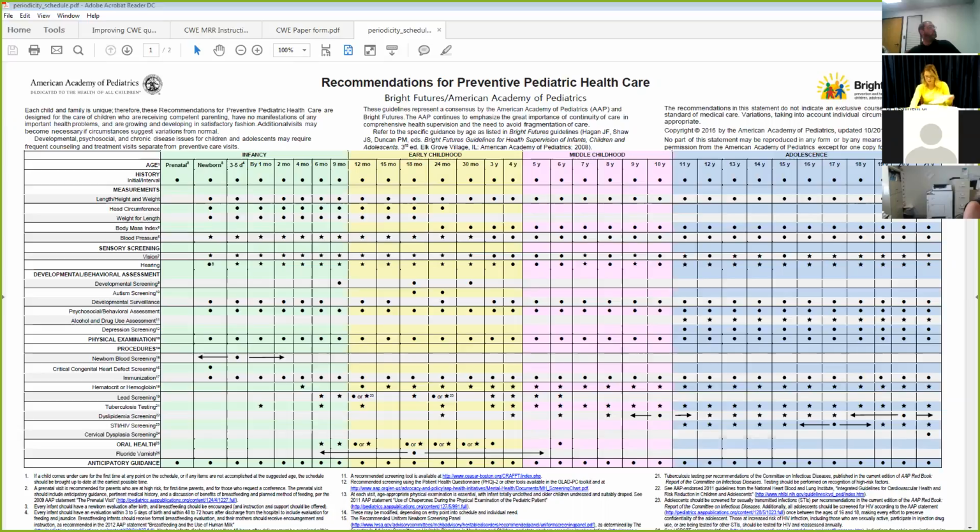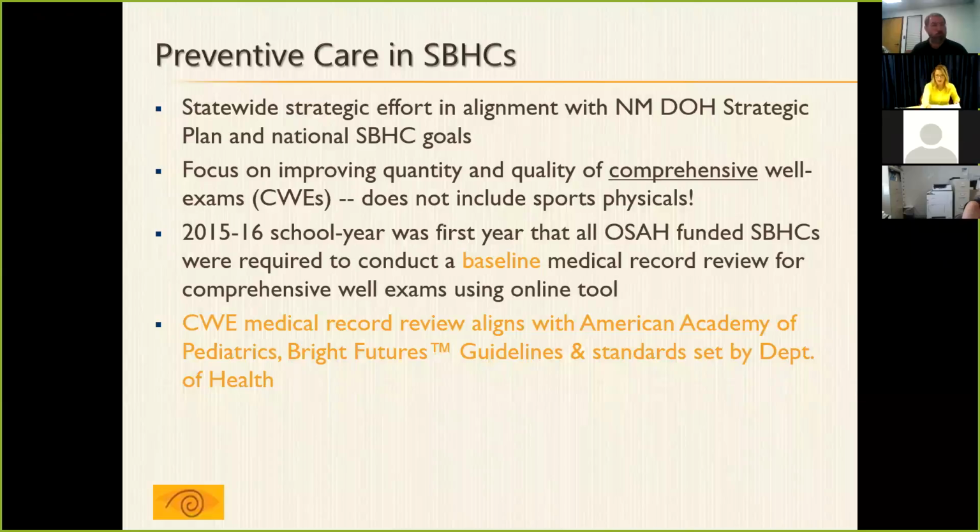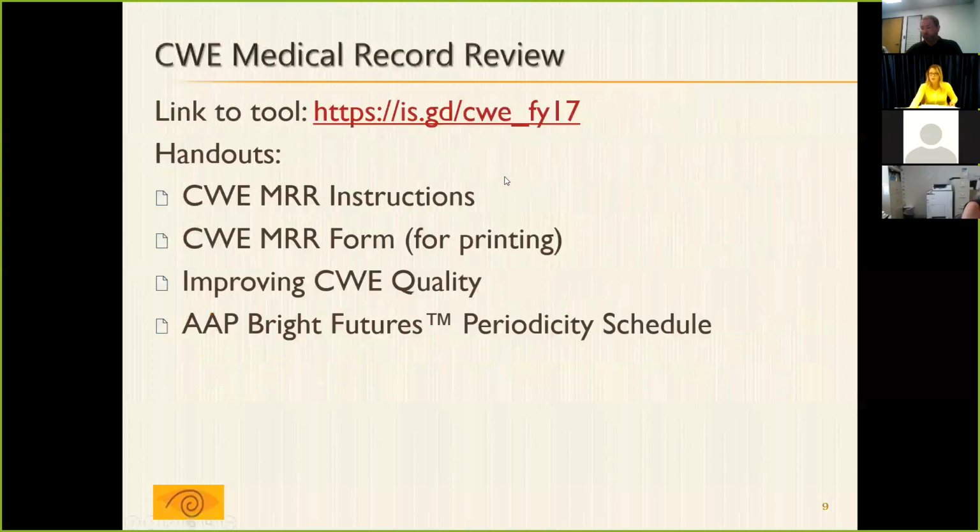We'll go back into our slides, and I have provided, oops, sorry. Okay, so here you're going to see the link to the tool where you actually conduct the medical record review, and we'll go to that in just a moment. And then I've also provided several other handouts for you to reference, and we're going to go through some of those as well.